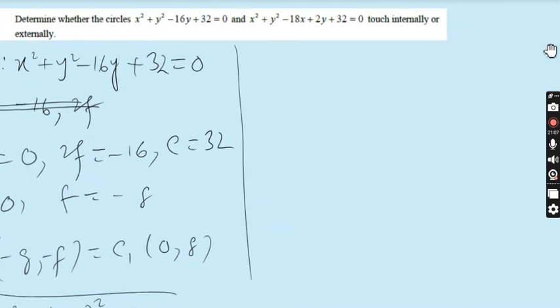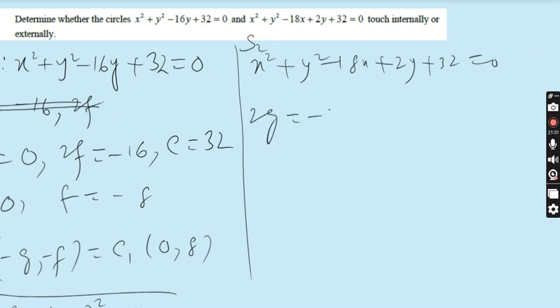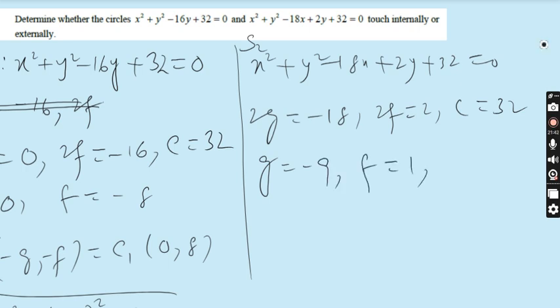Now take the second, you can say this is S2: x square plus y square minus 18x plus 2y plus 32 is equal to 0. So here 2g is minus 18 and 2f is 2 and c is 32. So g is minus 9, f is 1 and c is 32.